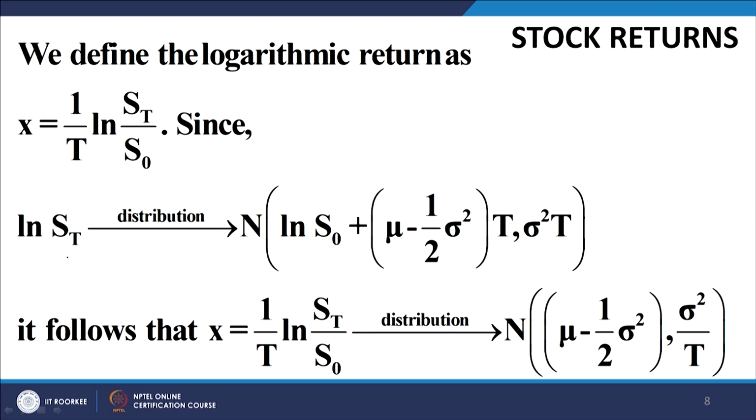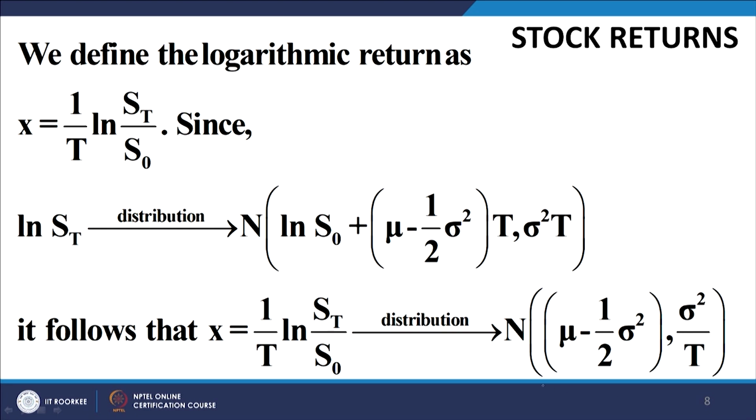Therefore, if you simplify this, the logarithmic return is normally distributed with a mean of mu minus 1 by 2 sigma square and a variance of sigma square upon t, because once you scale a variable by 1 by t, the variance gets scaled by 1 by t square.